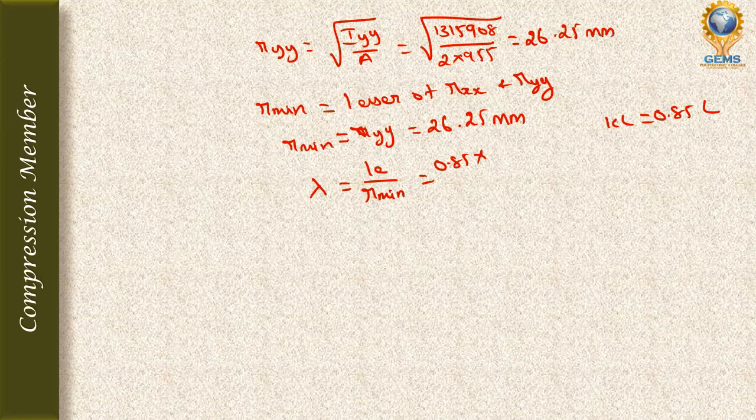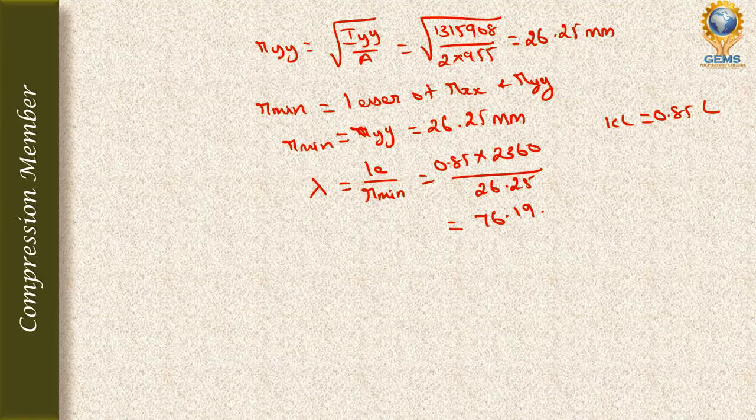That is 2360 divided by R minimum 26.25. So if we calculate, this value will come around 76.19. So this is the lambda value.